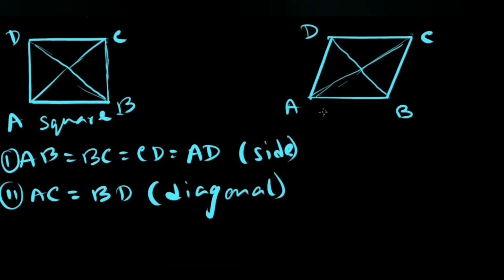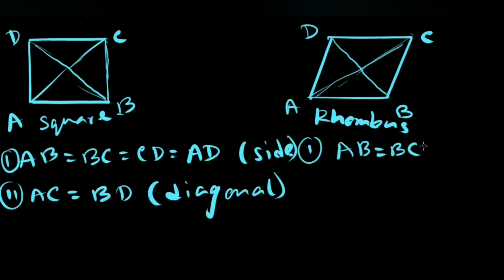So ABCD, the 4 vertices will be given, and if they are asking if it is a rhombus or not, so first same way we'll determine the lengths, and all the lengths of sides will be equal to each other. So AB, BC, CD and AD, all of them will be same, but the diagonals, the second condition, will not be equal to each other.